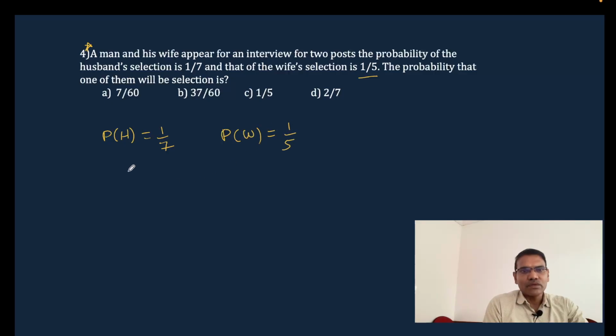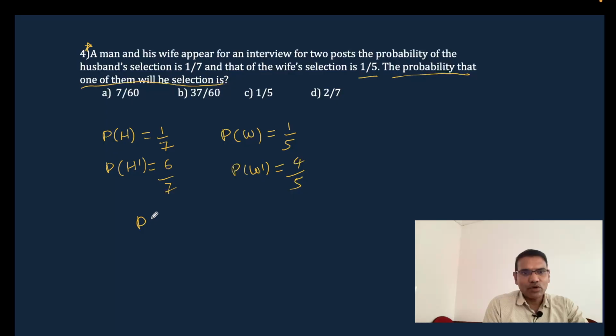Now I can take the probability of husband not being selected for the post as 1 minus 1/7, that is 6/7. The probability of wife not being selected for the post will be definitely 4/5. So the question is the probability that one of them will be selected, any one of them, not both.